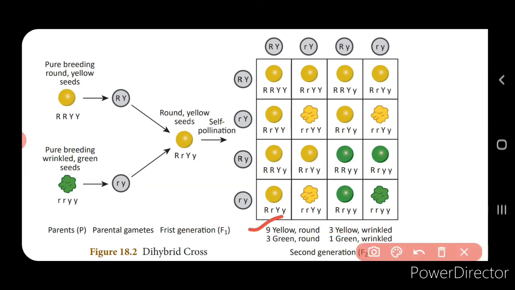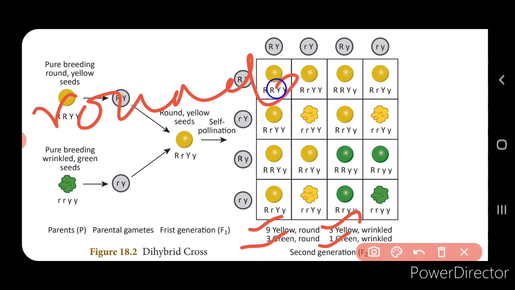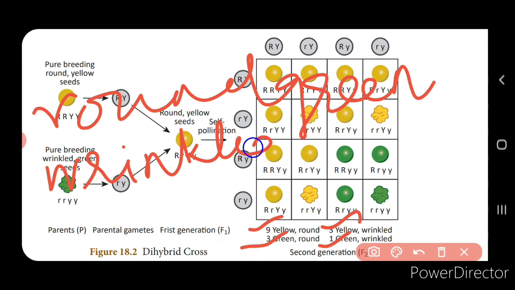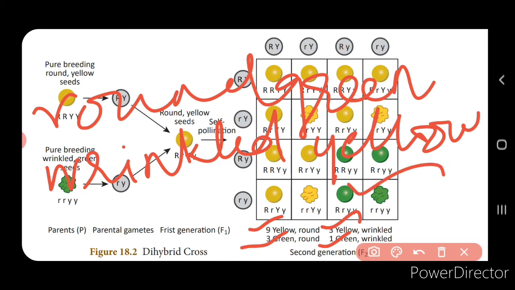Now here you can see 4 types, 1, 2, 3, 4 types, isn't it? 4 types of offspring in the ratio 9:3:3:1. And you can see 2 new combinations of traits, round green and wrinkled yellow. So these are the new combinations from the gametes, isn't it? They also appeared in the dihybrid cross, especially in the second generation, right? These are the results of the dihybrid cross.